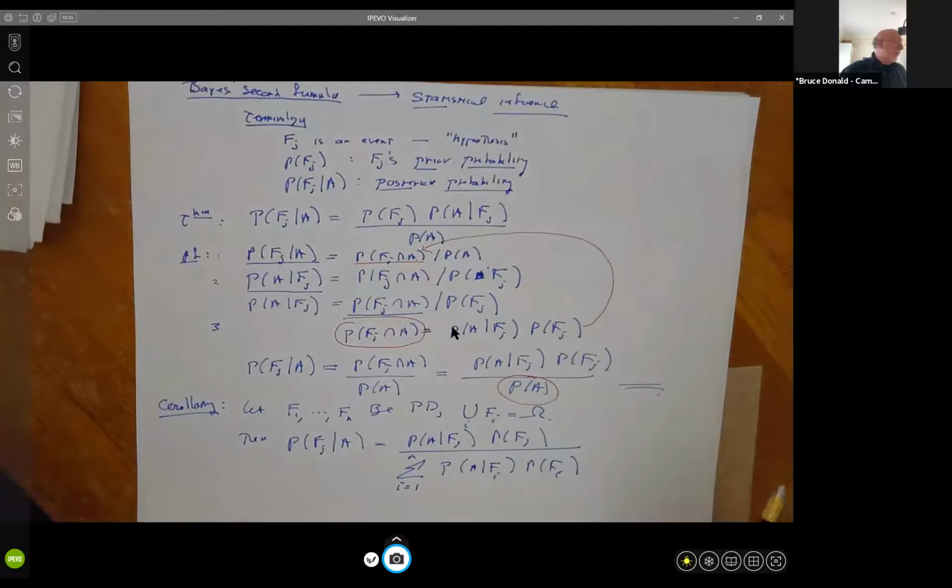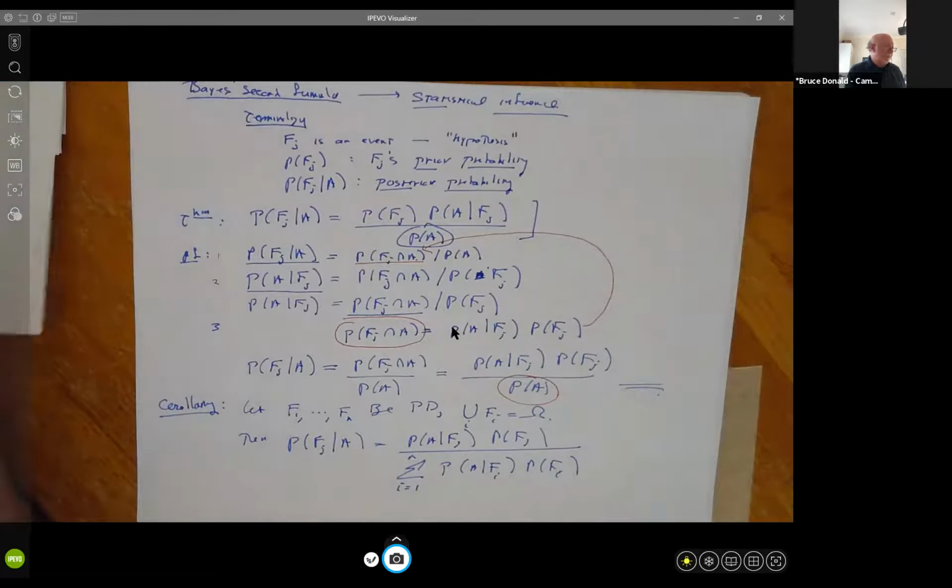So all we did is we took Bayes' formula, which is here, and we also proved it. And all we did is we replaced P of A in the denominator with the sum from the law of total probability. So very useful for calculating, and of course this is the basis, as I'll show you, for statistical inference. Now we have Bayes' theorem, and we've even proved it.